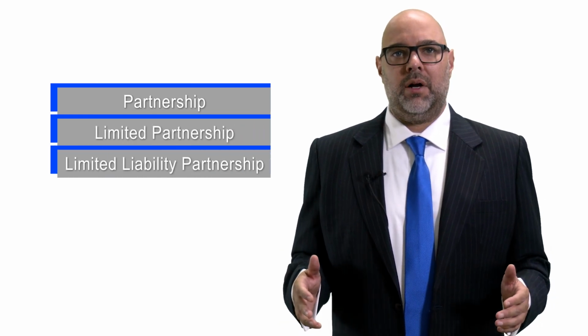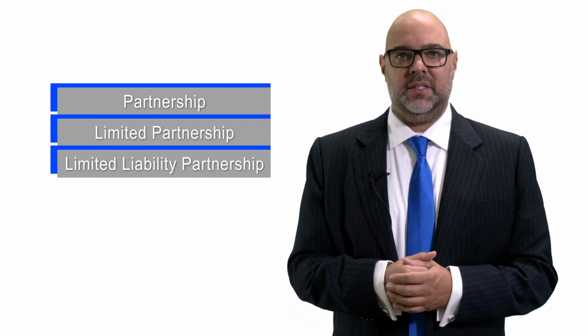You can also form a partnership, limited liability partnership, and other types of entities. Now, you may have heard of an S corporation too, but this option is only available to special forms of trust, permanent residents, also known as green card holders, or U.S. citizens.